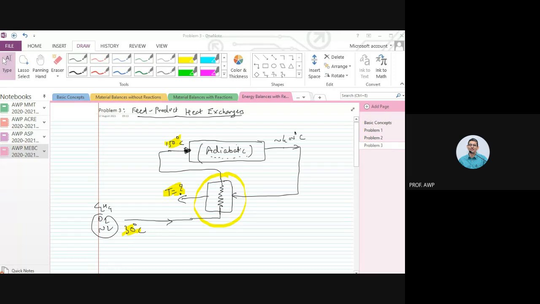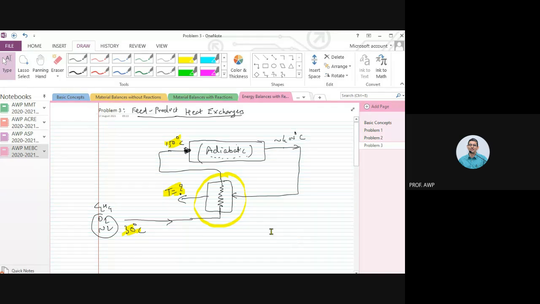There's an important point that I want to make. That's why we are doing this problem. One is, yes, of course, it is a very common way of doing things. Sir, is there any phase change?